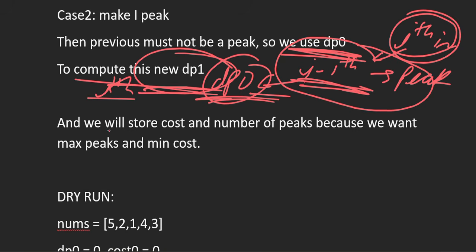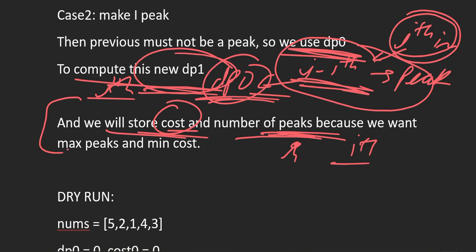And we'll be storing the cost and the number of peaks. Cost is basically how many operations we have done, and the number of peaks is how many special indexes there are till that ith index, because we want the maximum special indexes and the minimum number of operations.